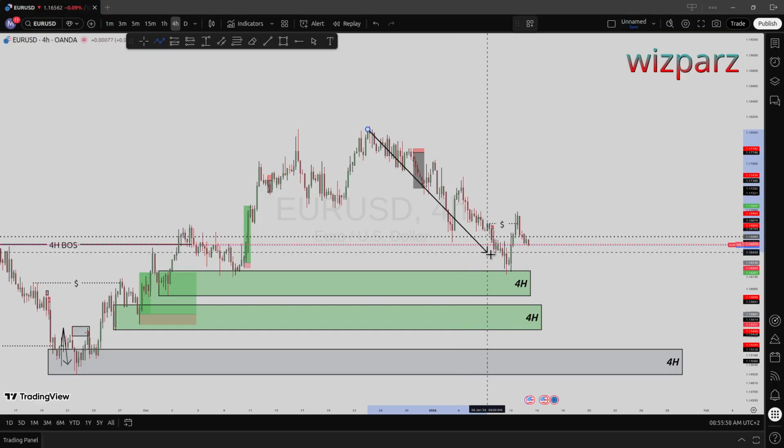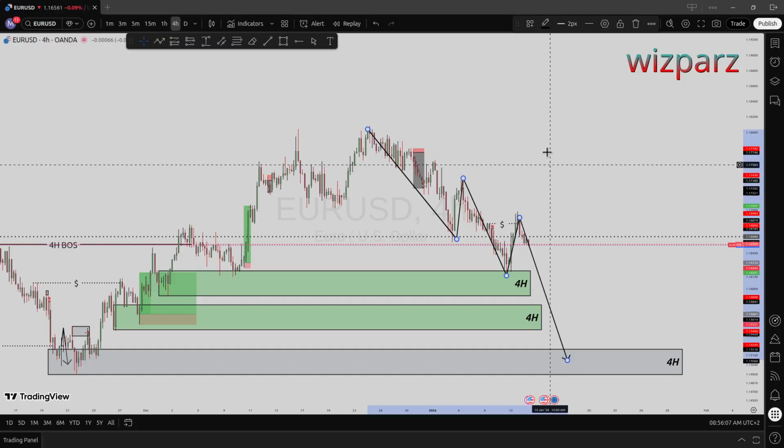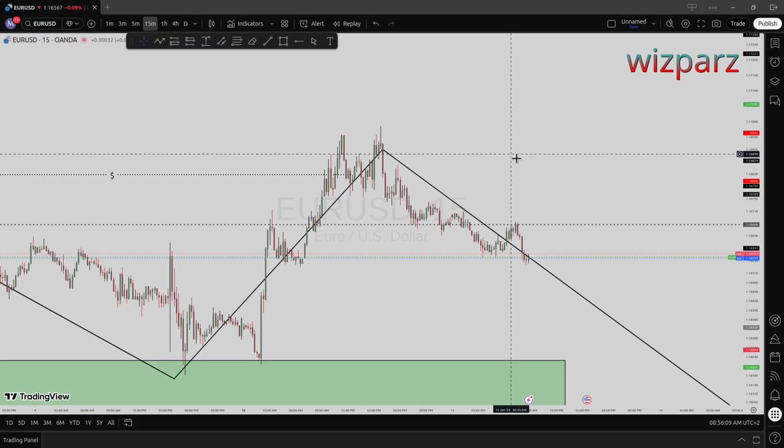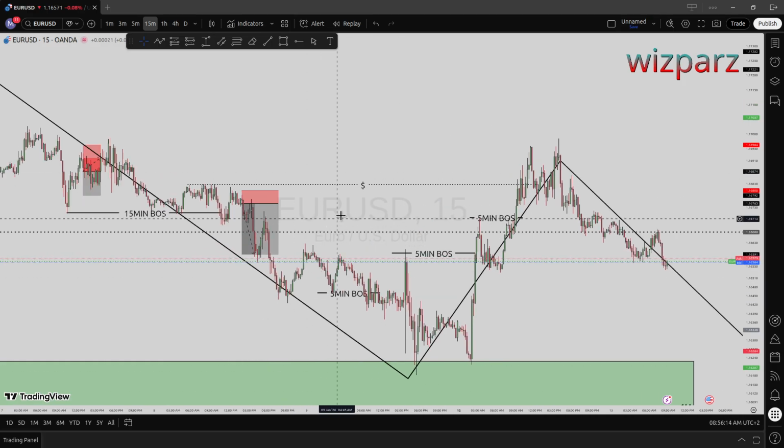As you can see, there is not even consolidation or slowdown to the downside, so I prefer to see price continue breaking this structure. On the 15-minute time frame, price has already liquidated the higher high.